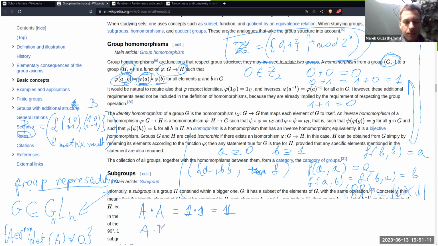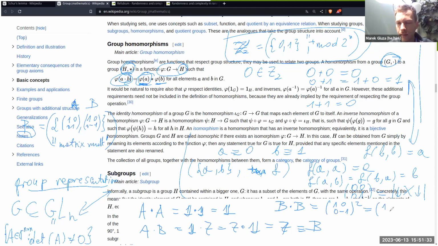A times B is identity times Z. It's all commutative here. Z times identity, clearly I can do this, gives me Z, which is B. And now if I take B times B, this is our operation, 1, minus 1, squared. We see that this is 1 and minus 1 squared. And that's identity, which is A.